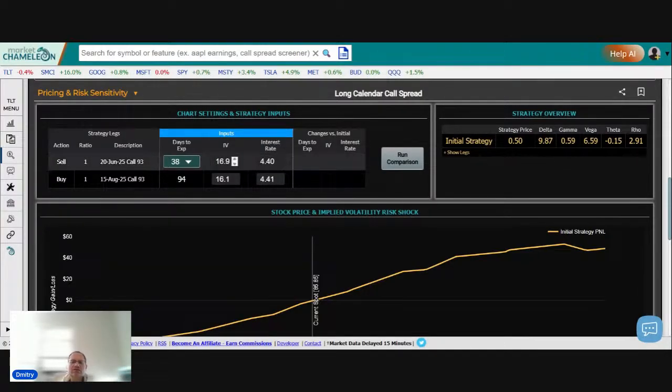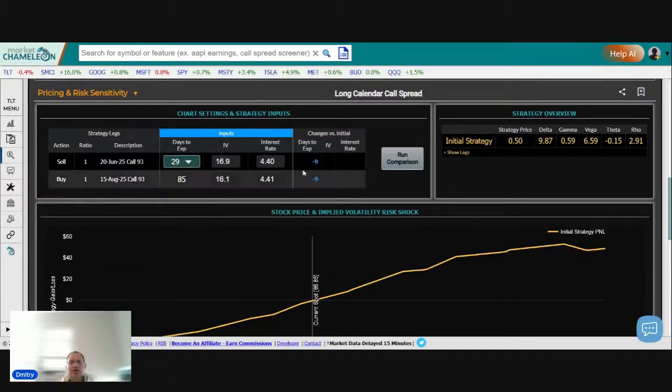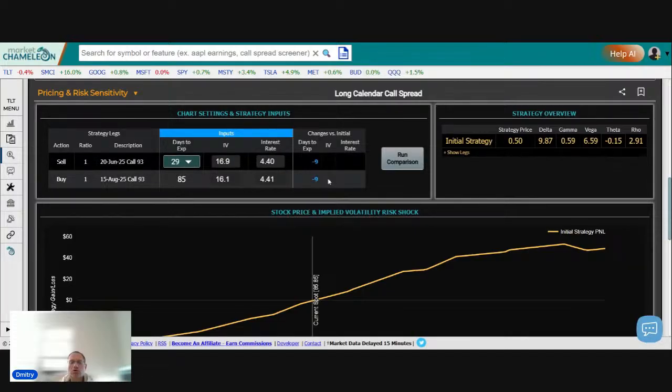If we leave everything else the same, the implied volatilities, and we just move forward from 38 days, let's say, with 29 days left. So what would this look like on May 22nd? I'm going to click this, May 22nd, and you could see now I'm subtracting 9 days, moving 9 days forward and keeping everything the same, run a comparison.